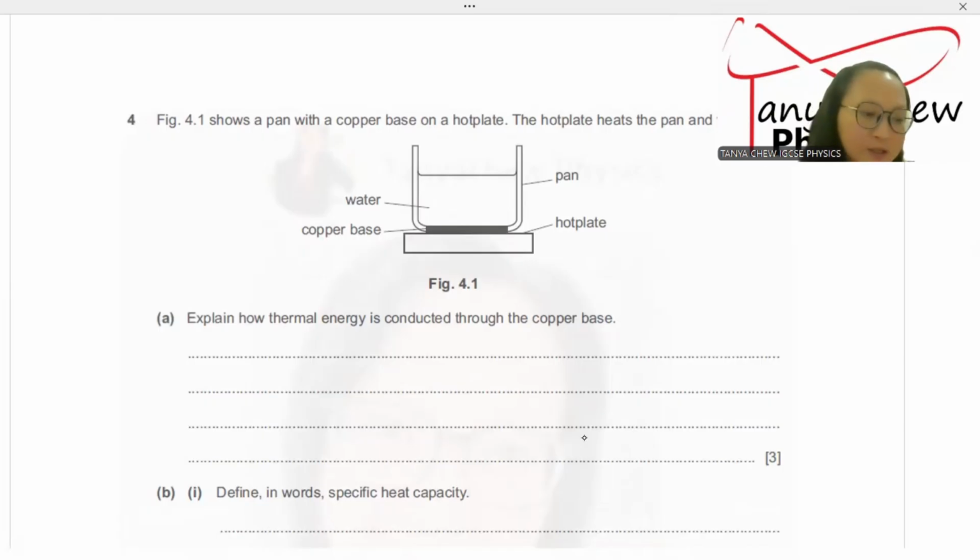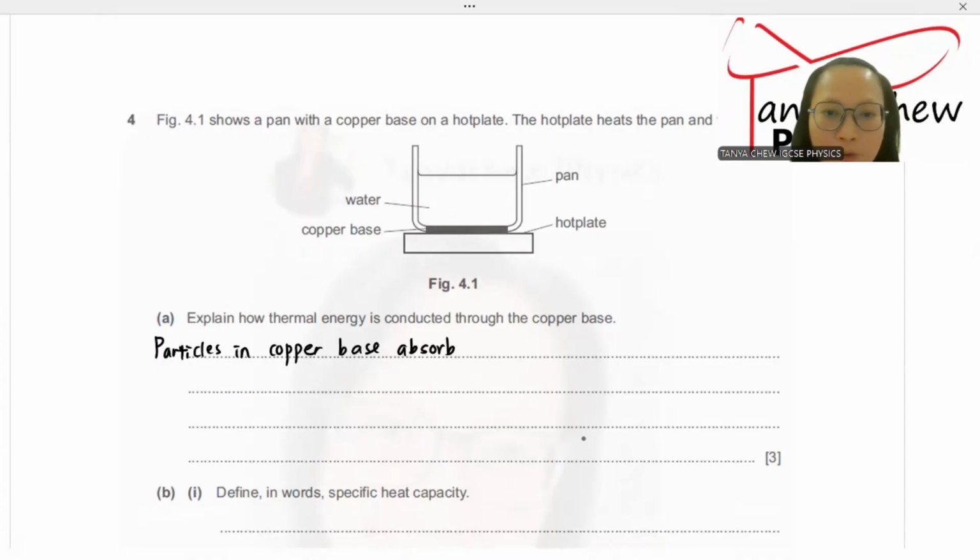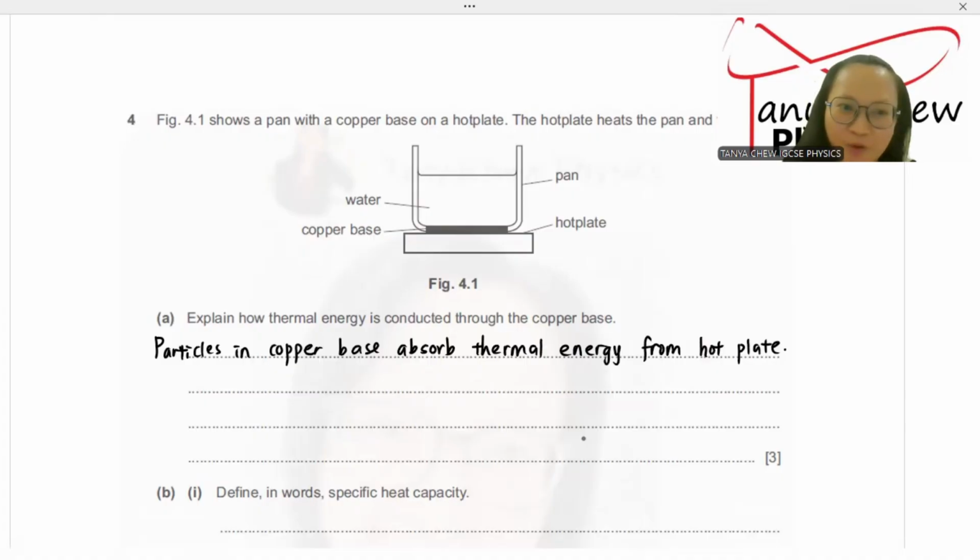So I'm going to make this explanation right now. Okay, particles. I would write particles in copper base absorb thermal energy from hot plate. And when they absorb energy, don't you think they gain energy?